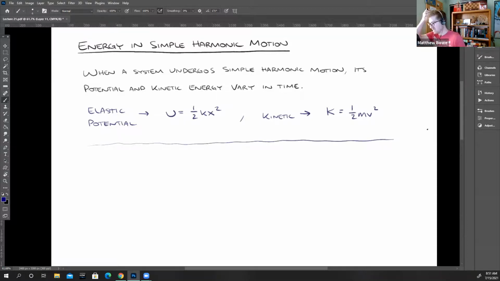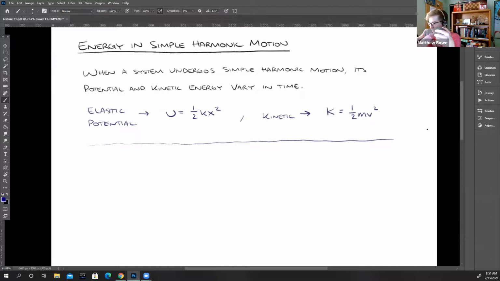How do we relate these energies to something that is oscillating back and forth forever? In a lot of our other problems, we had a spring that was stretched a bit, and then the question was, what is the energy in this system? What is the force?